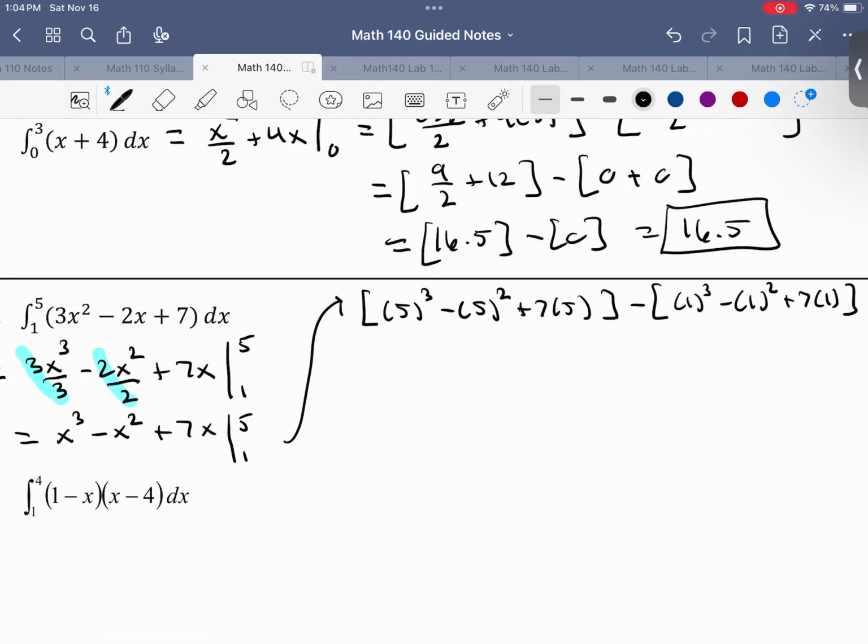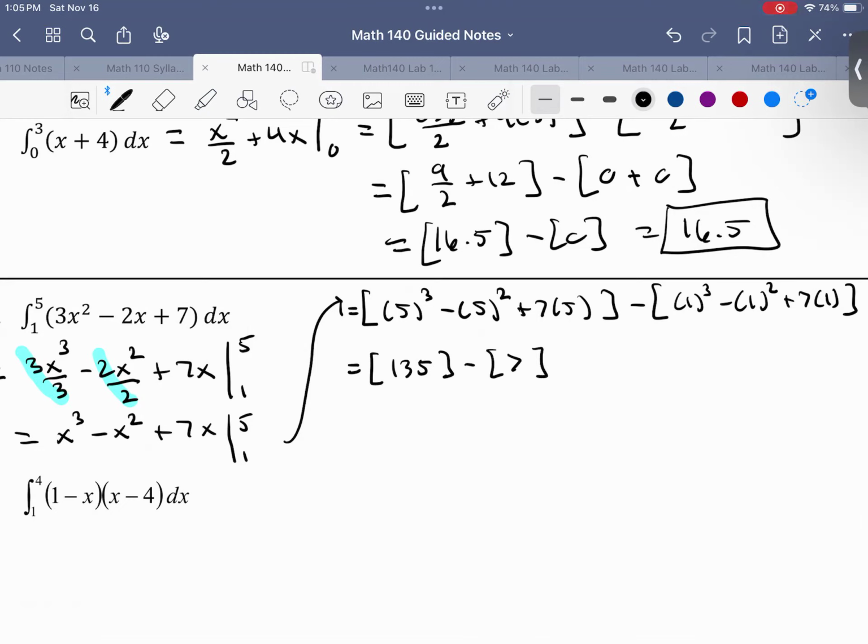I'll leave you with the in-bracket calculations. What you should end up having, forgot an equal sign here, sorry, is 135 in the first bracket minus 7 in the second bracket.